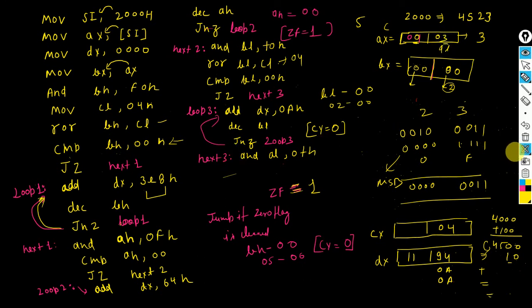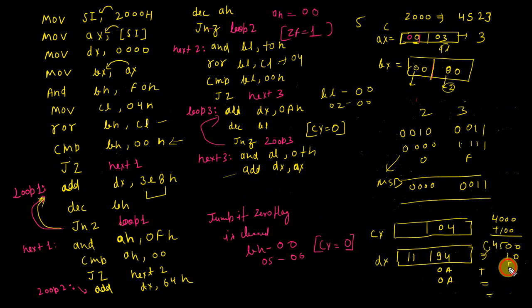The next instruction is ADD DX comma AX. Okay, so in this case we add DX comma AX.